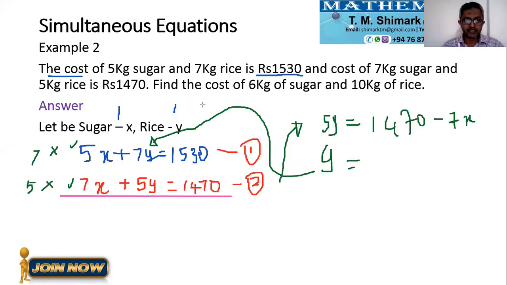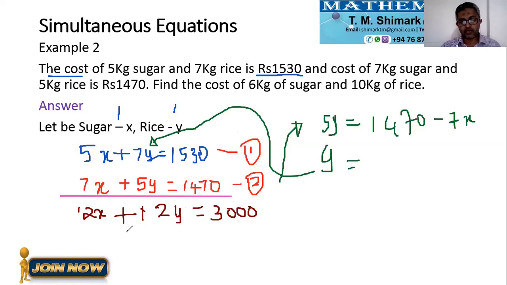I can add these two, without doing anything else. 12x plus 12y equals some number. So I got 12x plus 12y equals 3000. Something interesting. Why I took this addition is, you see, 5 7 5 7, so 12 is coming.